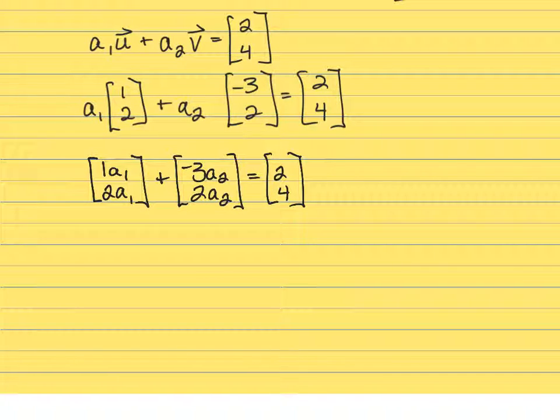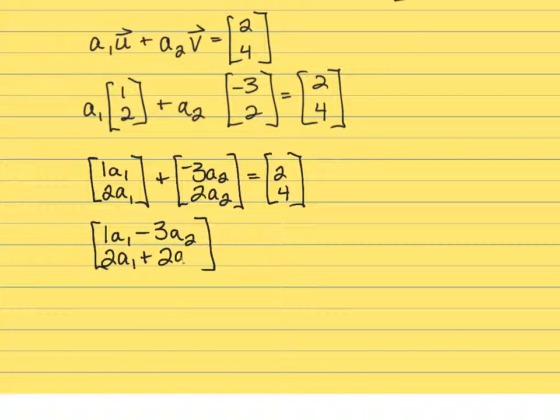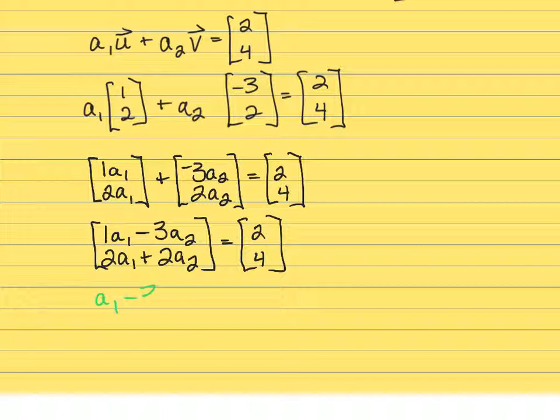Then we add vectors by adding like components. So 1a sub 1 minus 3a sub 2, and on the bottom 2a sub 1 plus 2a sub 2, and we want to know, does that equal 2, 4? That leads us to this system of equations: a sub 1 minus 3a sub 2 equals 2, and 2a sub 1 plus 2a sub 2 equals 4.